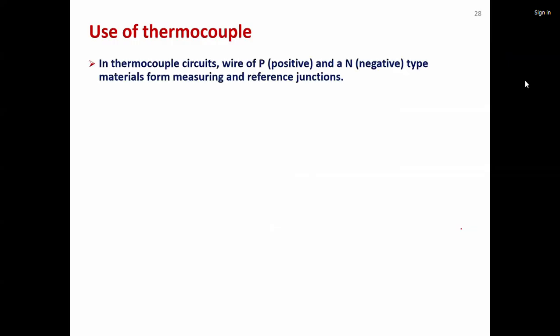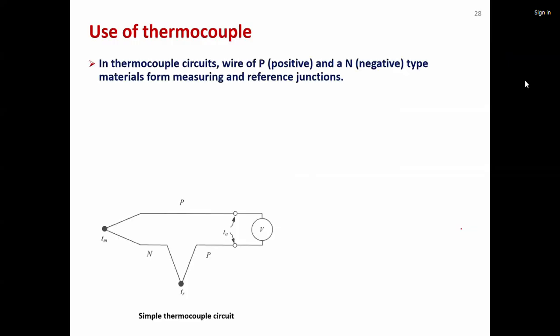Now, the use of a thermocouple. Typically, as we said, there will be a wire which is positive and a wire that is negative. Typically you have a measuring junction, and this is the EMF instrument, typically a voltmeter.